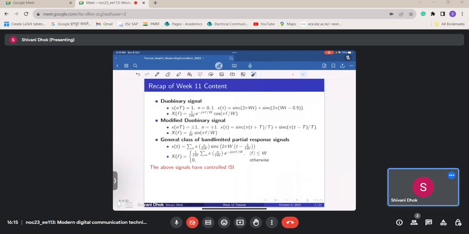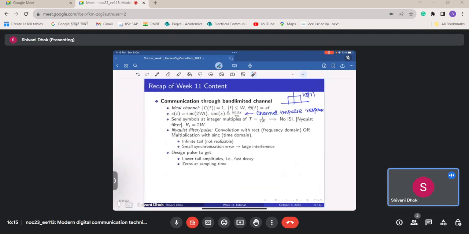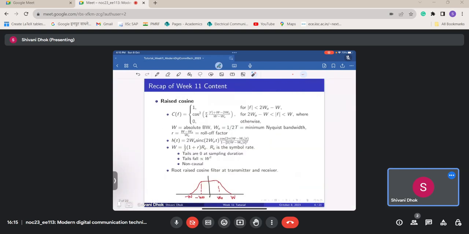After looking at that, we again said that this has some issues because the symbol rate that we were having here reduces because of this particular quantity here.